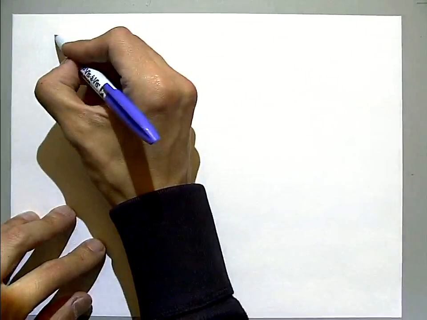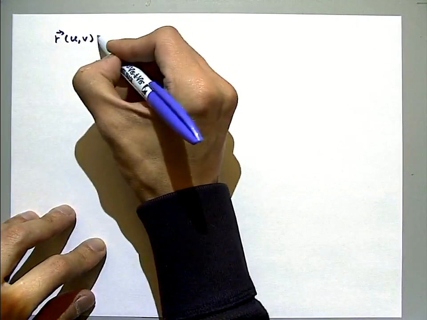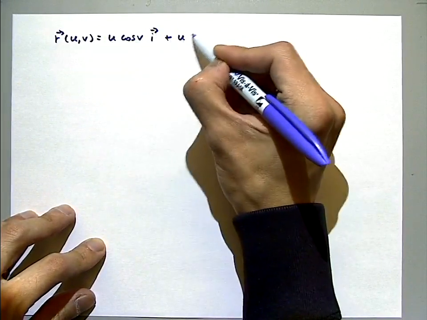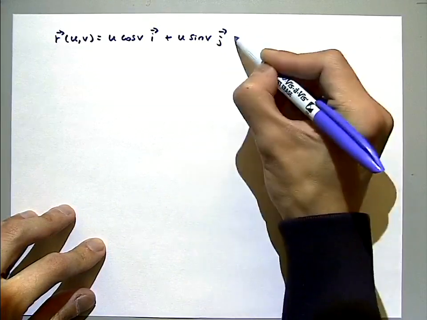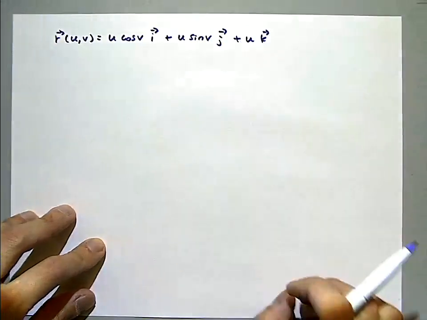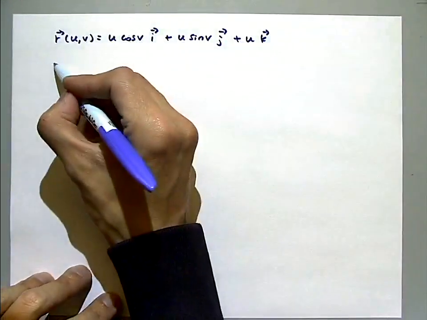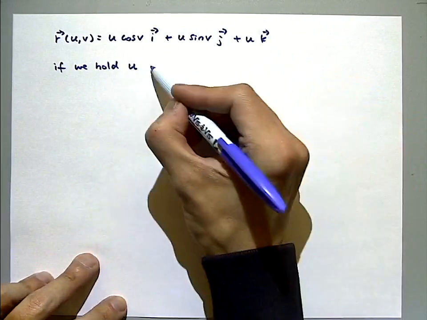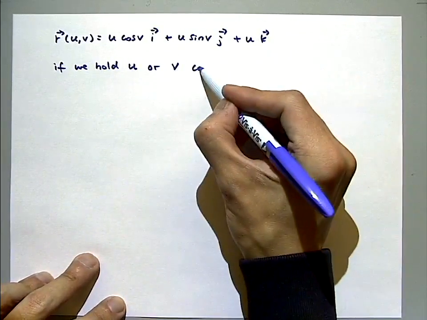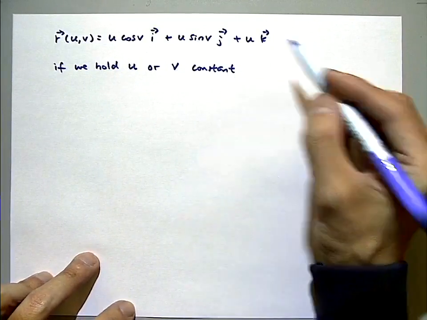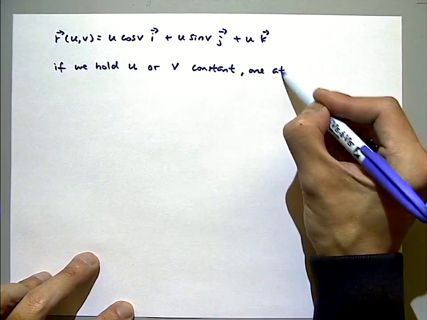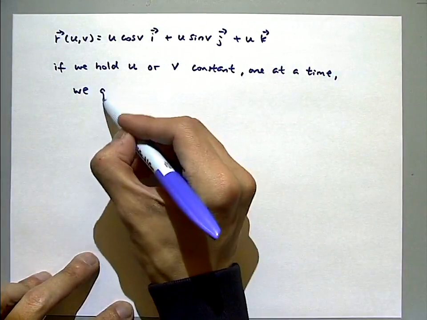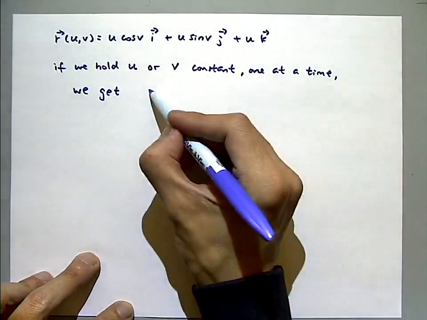So let me bring that equation back again. If we hold u or v constant, one at a time, we get what are called grid curves.